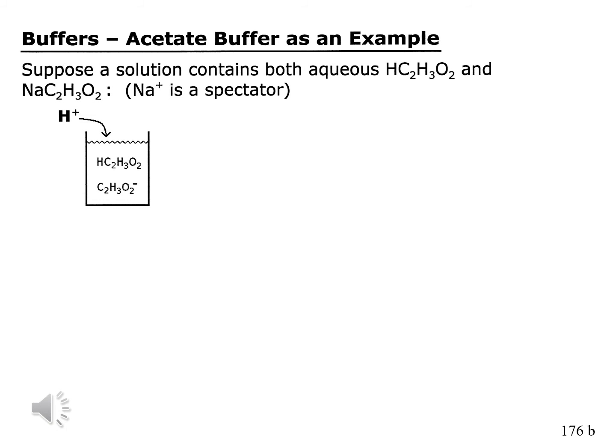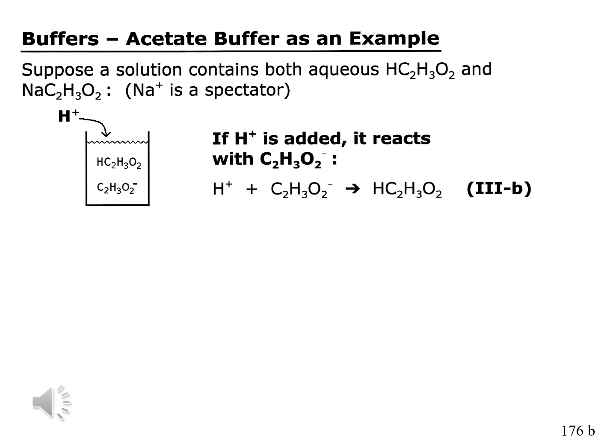The H+ is going to react with the base part and neutralize it. So if you want to see what happens, the H+ is going to stick to the negative ion acetate and form acetic acid. This is a type 3b neutralization, which we just finished talking about.